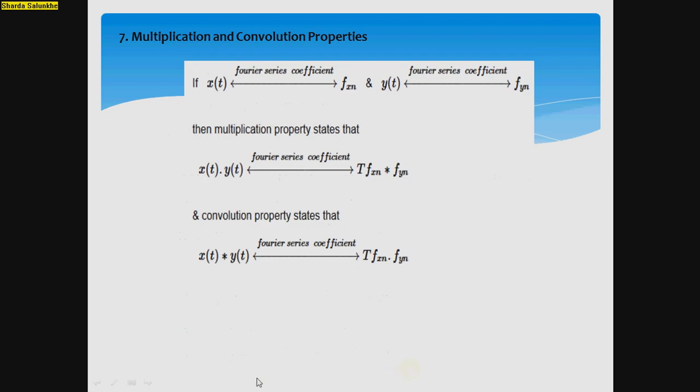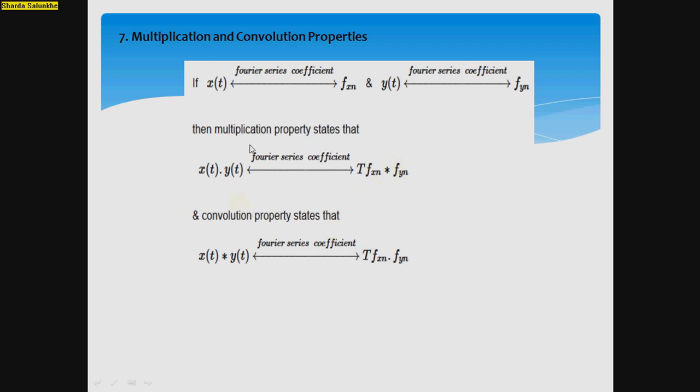Then multiplication and convolution properties. If x(t) has coefficient X[n] and y(t) has coefficient Y[n], then the multiplication property states that for the product x(t) times y(t), the Fourier coefficient is X[n] convolved with Y[n], where the asterisk sign denotes convolution of the Fourier series components.